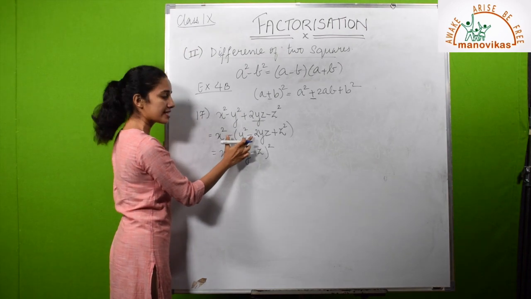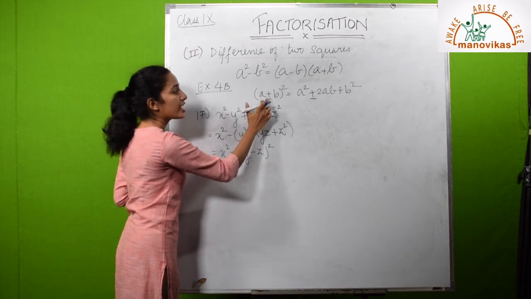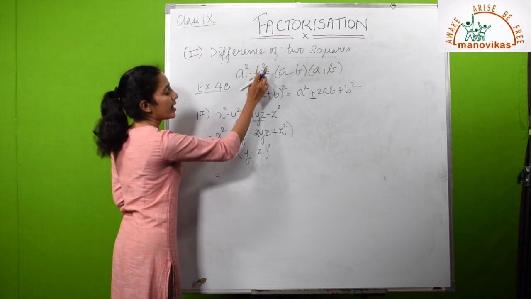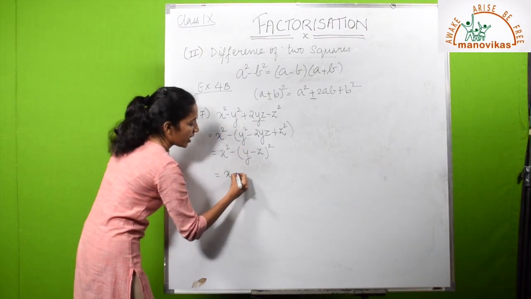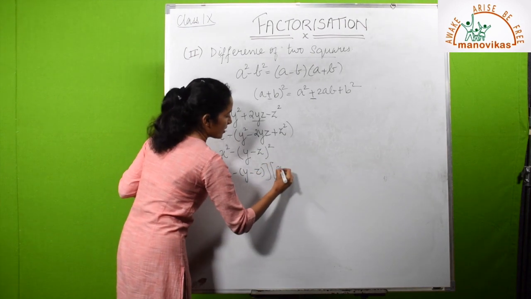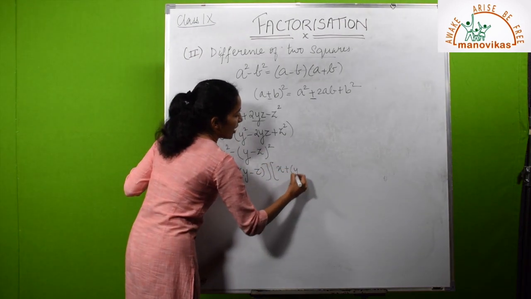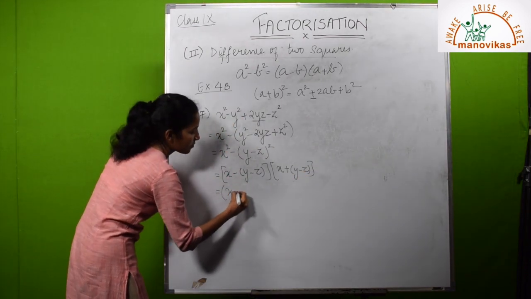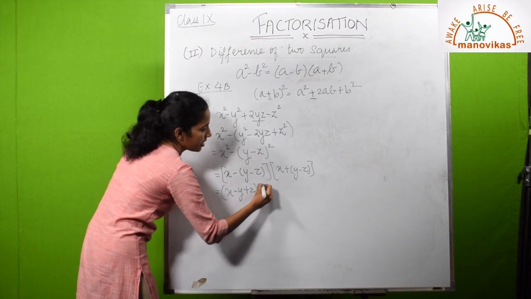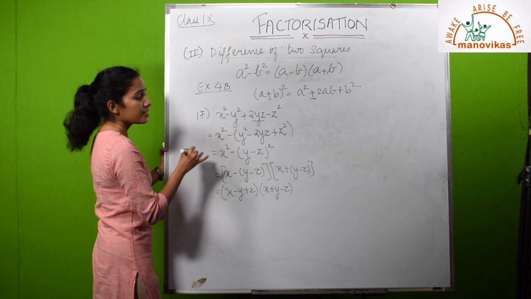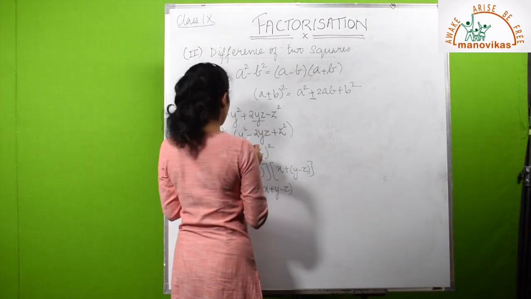When the middle term has a negative sign, it is going to be a minus b. So now you use the identity of a squared minus b squared, which will be x minus y minus z and x plus y minus z. Opening up the bracket further, I have x minus y plus z, and this will be x plus y minus z. In a similar way, let us take another example.